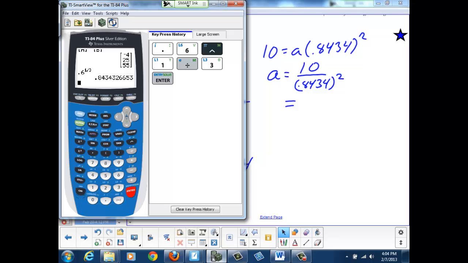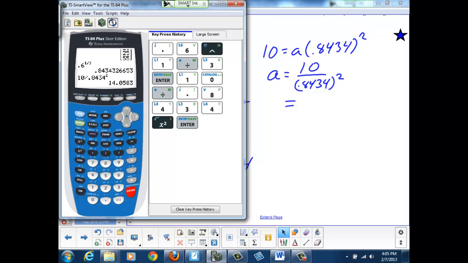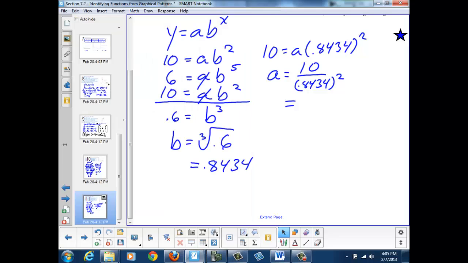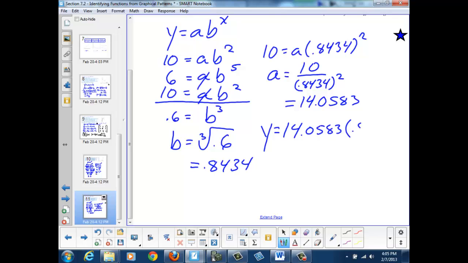Which again, if we pull out our calculator, becomes 10 divided by 0.8434 squared, or approximately 14.0583. Which, when placed into our equation, becomes 14.0583 times 0.8434 to the x.